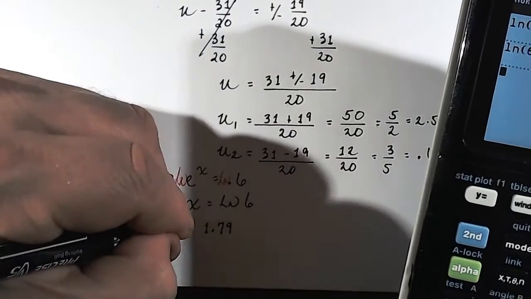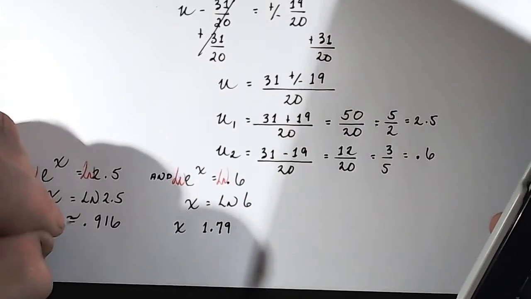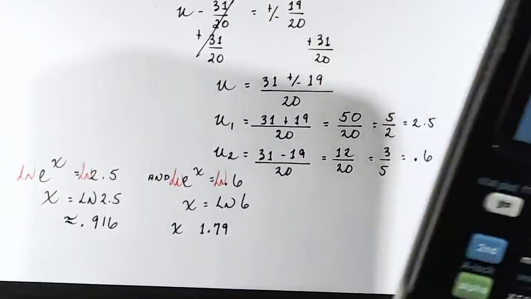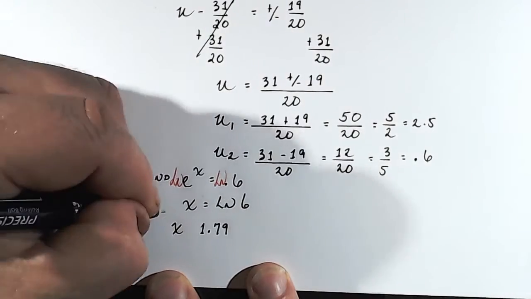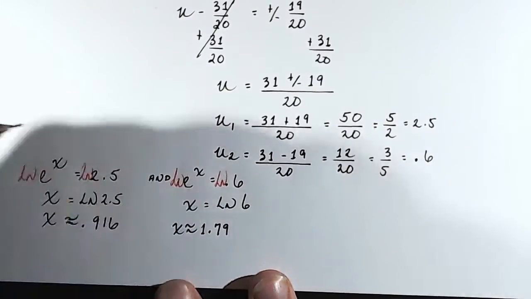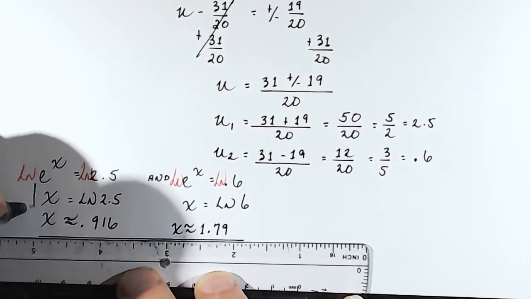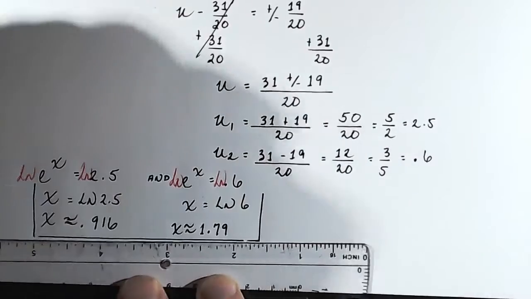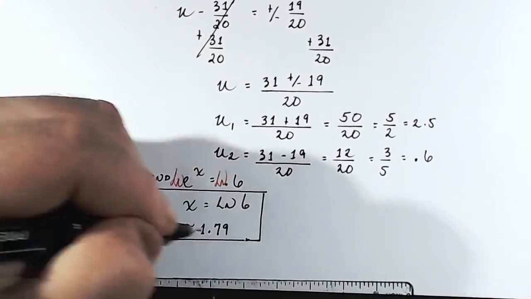Okay. These are, I should have said, approximate solutions, right? Because they go on forever, as you see. Irrational numbers go on forever. So these are your two approximate solutions. And the ones above them are your two, what we call exact solutions. Right, so there you go.